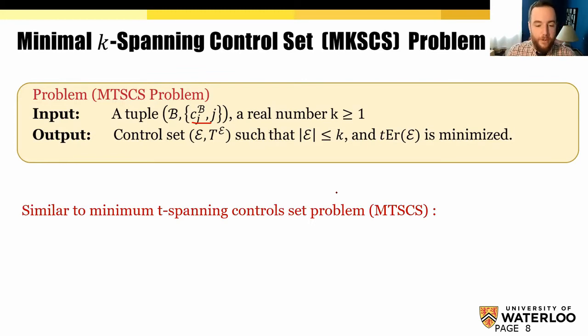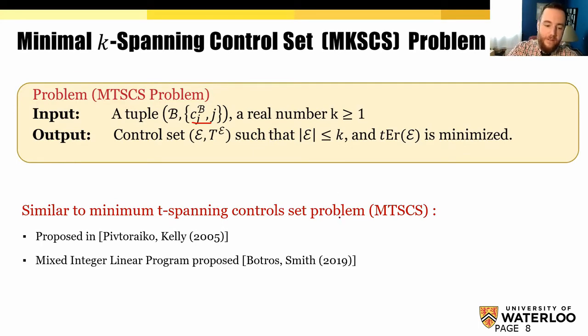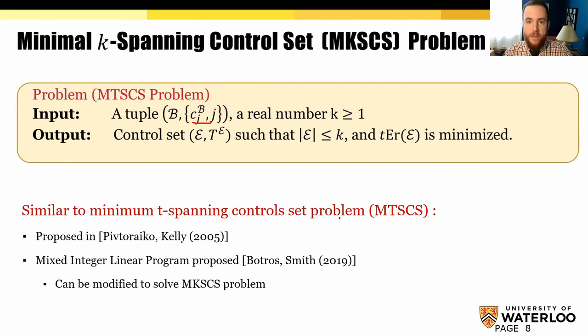This problem is very similar to the minimum T-spanning control set problem that was proposed by Pivtoraiko and Kelly in 2005, and then reformulated as a mixed integer linear program by Botros and Smith in 2019. Now it should be noted that the mixed integer linear program can be tweaked slightly to solve the minimum case-spanning control set problem as discussed in this paper.